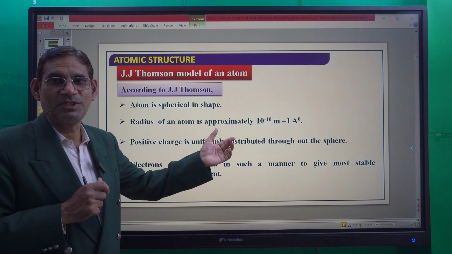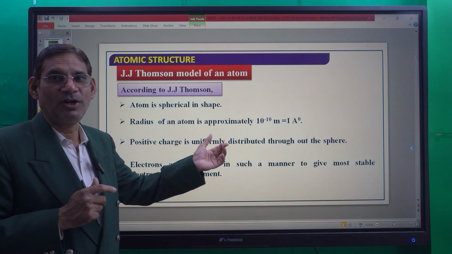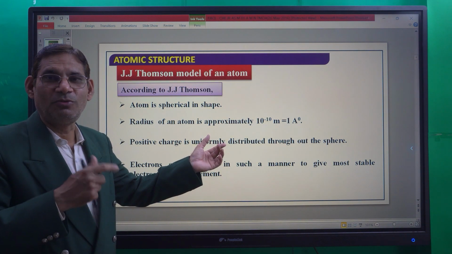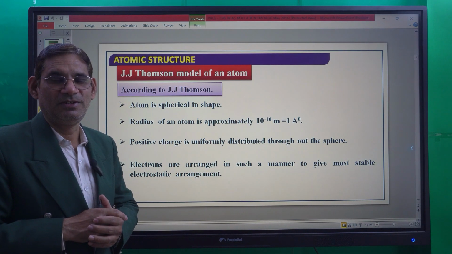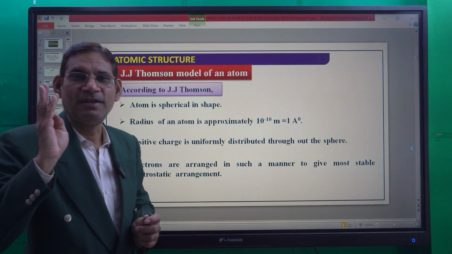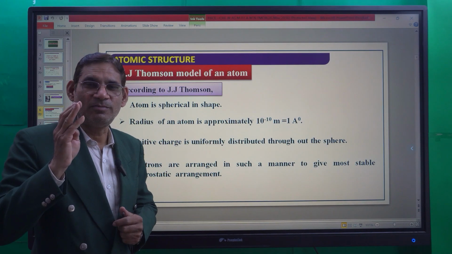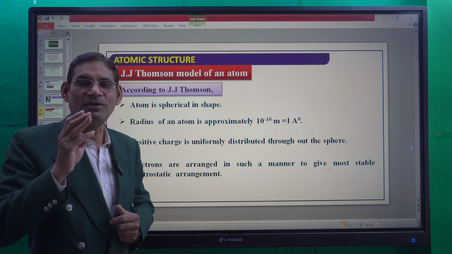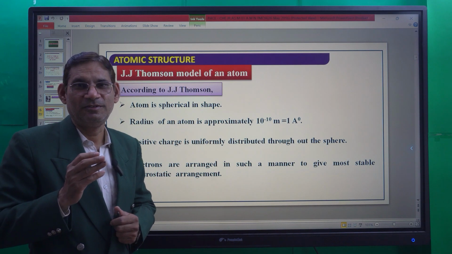The second observation is that throughout the atom, plus and minus charges are uniformly distributed. What does it mean? It means the atom is neutral.